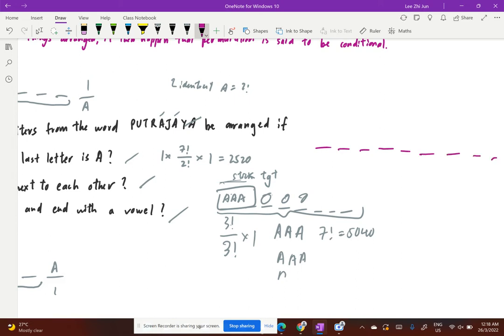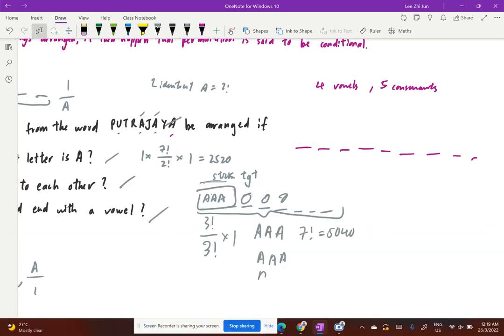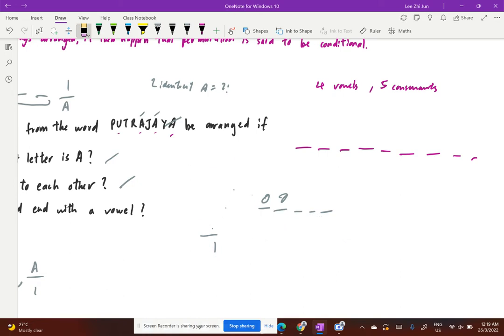You can see U, A: there are 4 vowels, and the remaining 5 will be consonants. However, you need to consider the A's.